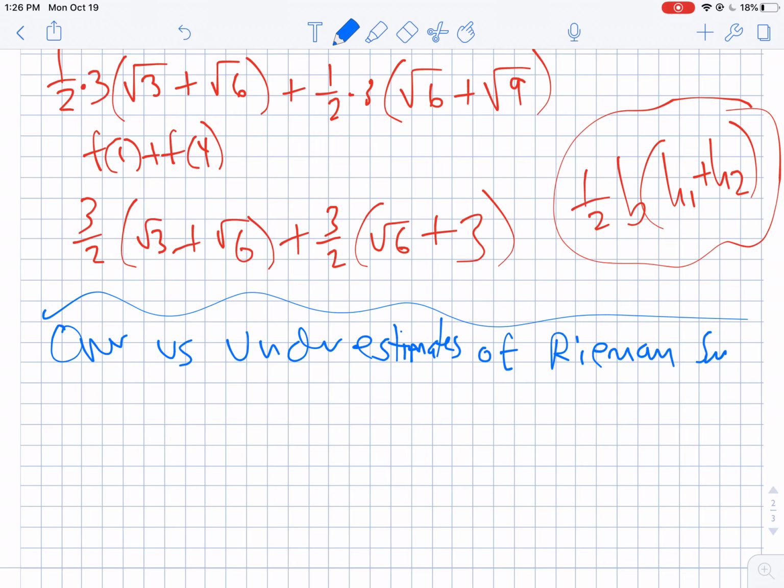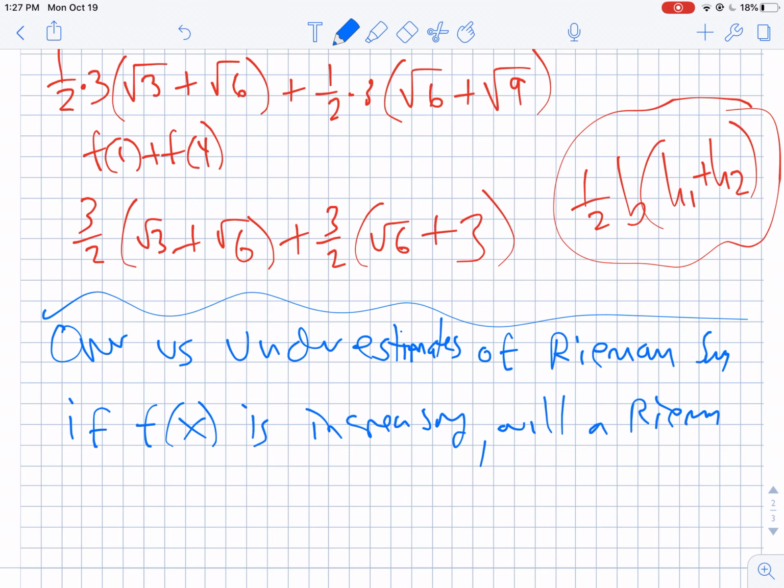So we're basically going to try and answer this question. If you have a function f of x, if that f of x is increasing, will a Riemann sum of the integral from a to b of f of x be an under or over estimate?